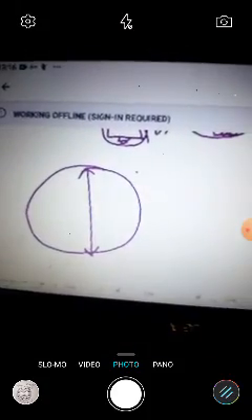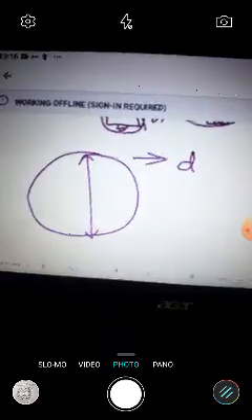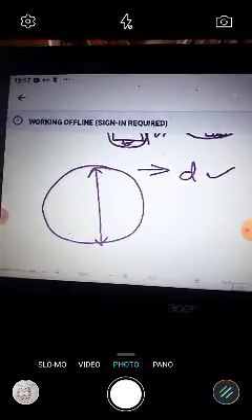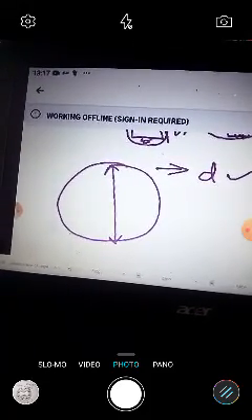Now we will see how this core is designed. We are taking a dimension d, that is diameter. The diameter will be given in the question, so you can get it from their data.